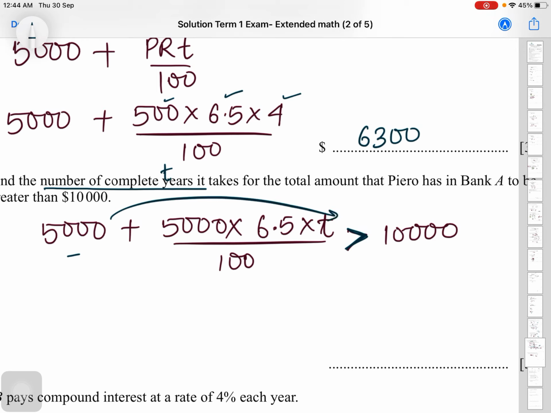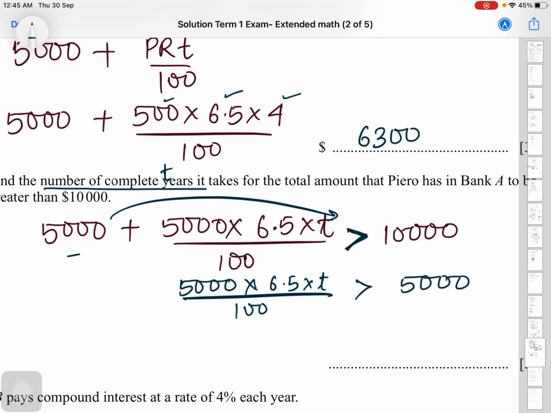Send 5,000 to the other side. It will get subtracted from 10,000. You will have 5,000 into 6.5 into T divided by 100 greater than 10,000 minus 5,000. That's 5,000 only. Now you can divide both sides by 5,000 and ultimately you will get a T which is greater than 15.3.